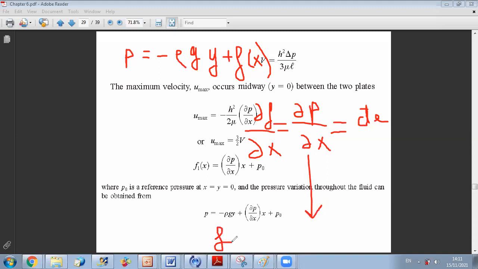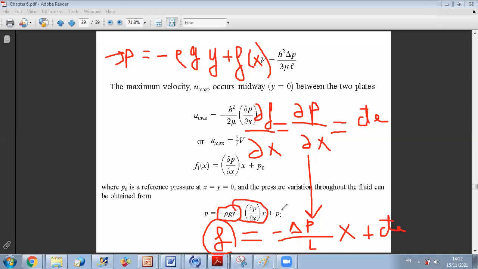So if you want to get F as a function of X, all we have to do is to integrate. So we can replace del P by del X by minus delta P over L. And when we integrate this function with respect to X, it's times X plus a certain constant. Okay. So now, if you replace back F by its expression in the pressure relation, you will get that your pressure is minus rho g y plus del P by del X, or minus delta P over L times X, plus a certain constant.